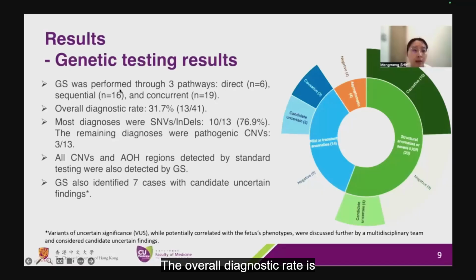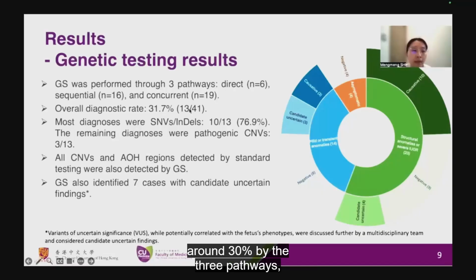The overall diagnostic rate is around 30% across the 3 pathways. 6 of them went direct to genome sequencing, 16 cases sequentially, and 19 cases concurrently.